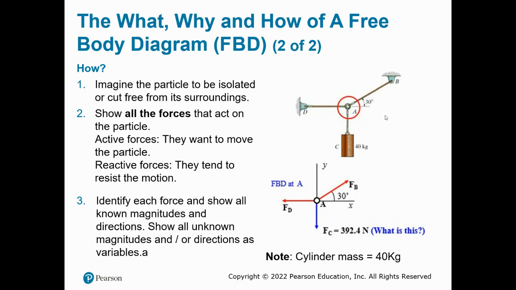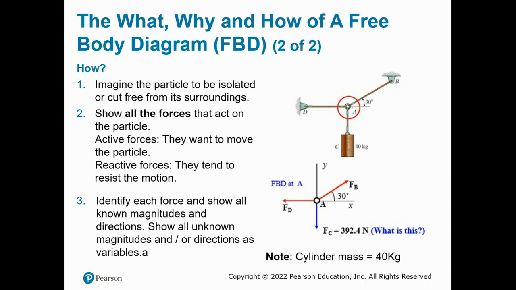For example, if I have cables DA and AB holding at this point A, and holding this cylinder below, imagine the particle: we want to isolate the particle away from everything else. So looking at particle A only, I have three forces being applied to A. I have force FD, the tension from DA, pulling A toward the left.